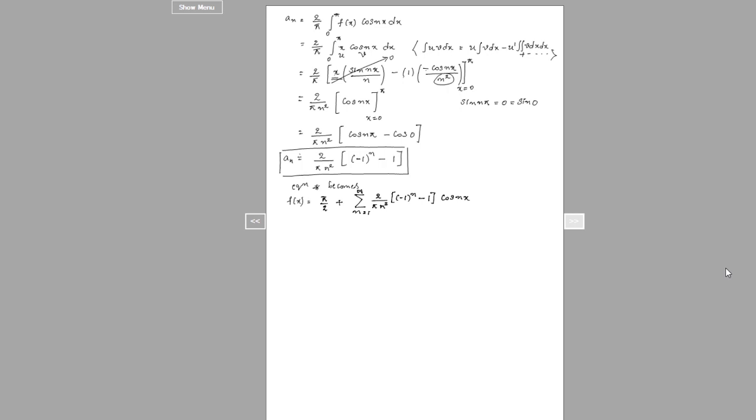This is the required Fourier series for the given function f of x.